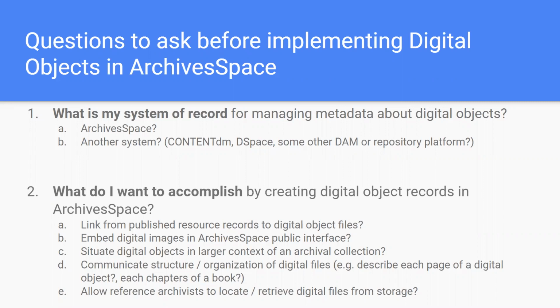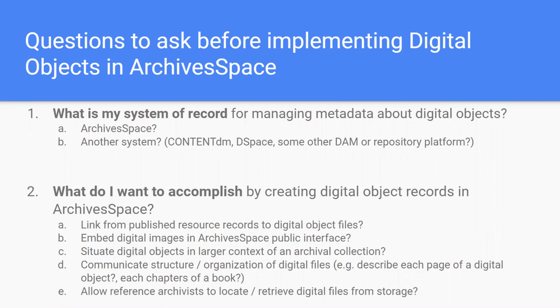And then also think about what you really want to accomplish by creating digital object records in ArchivesSpace. I've listed some possibilities here. Digital object records in ArchivesSpace will let you link from published resource records to digital object files.